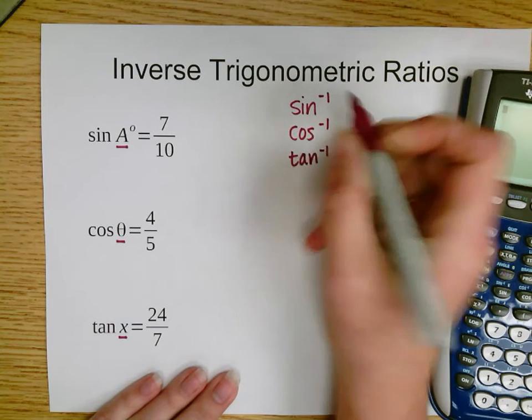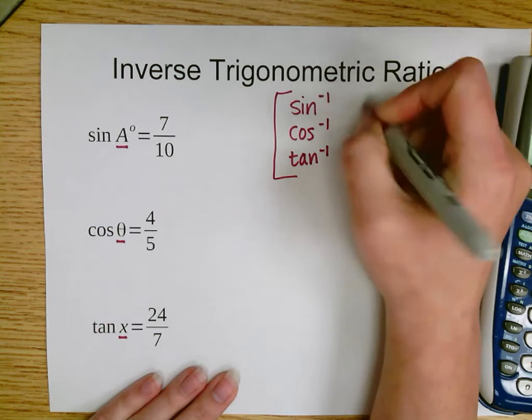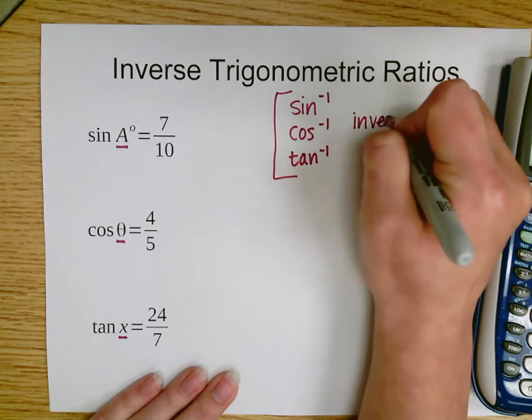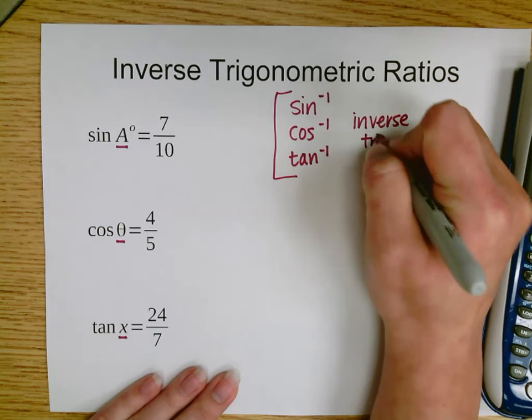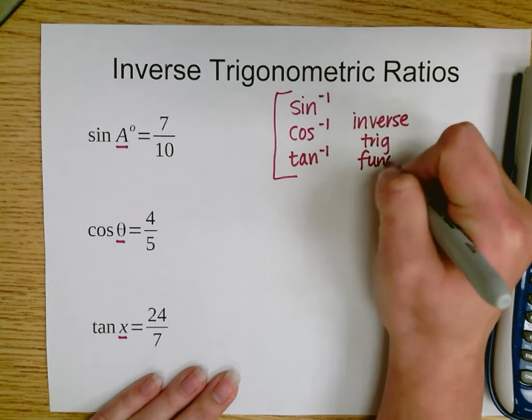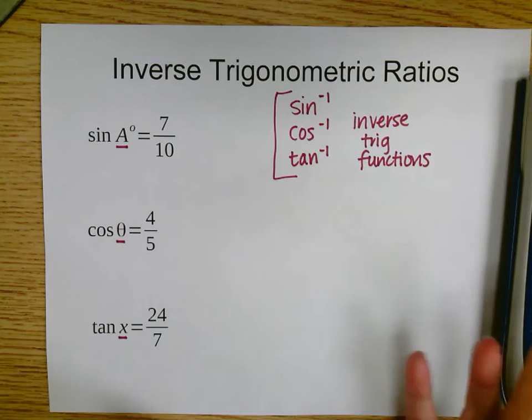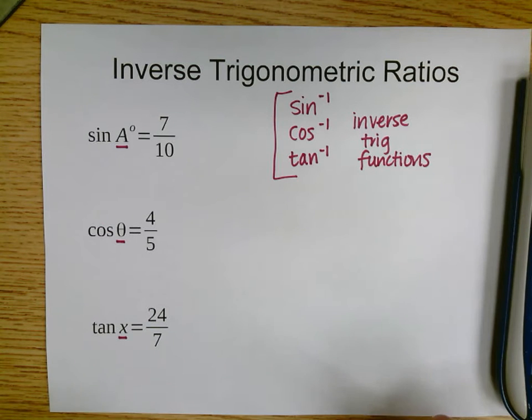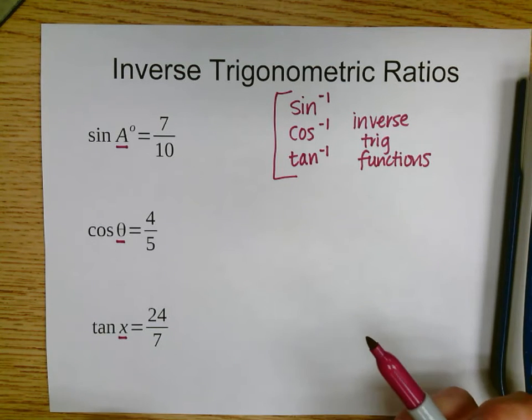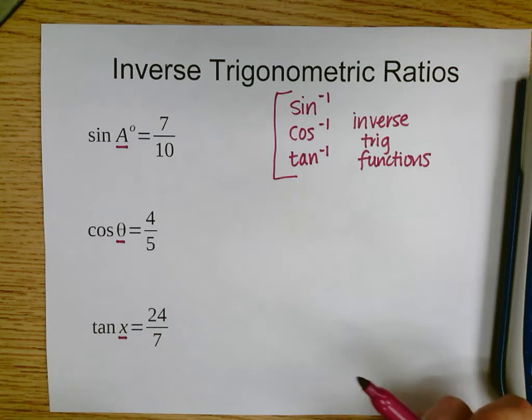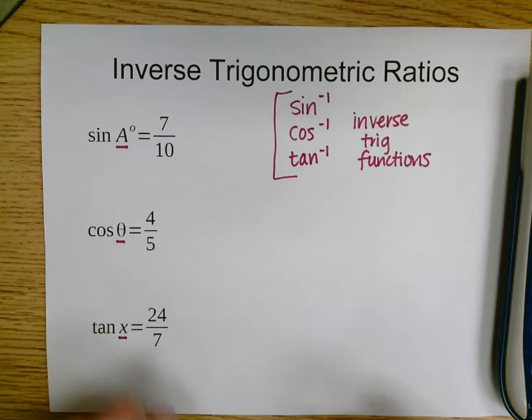These are our inverses. Inverse trig functions undo our actual trig functions, just like when we square something and then square root it, the square root undoes the square, that kind of opposite function.